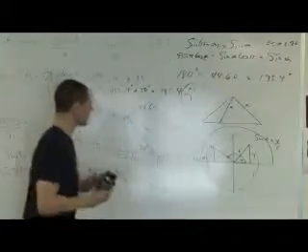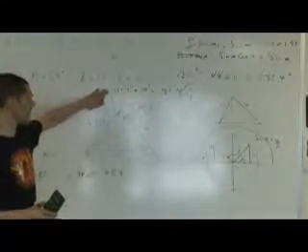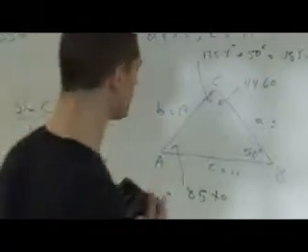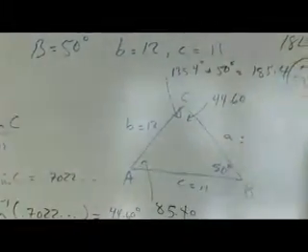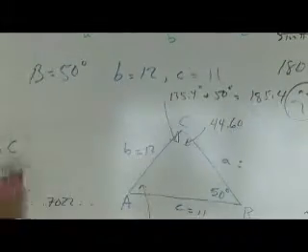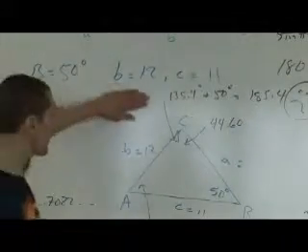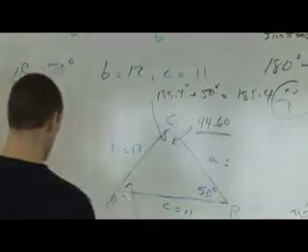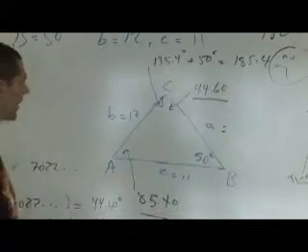No, we can't do that. This angle is too large. If it was 135.4, our triangle would have more than 180 degrees. And the saddest thing is in this course we're not doing any spherical trigonometry. In spherical trigonometry, you can have triangles that actually have more than 180 degrees, but you'll have to pick that up later. So basically what we've figured out is that this is in fact the angle that we need, and that this is the other angle.